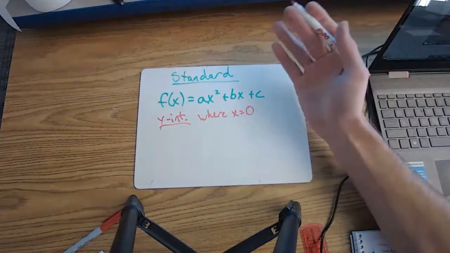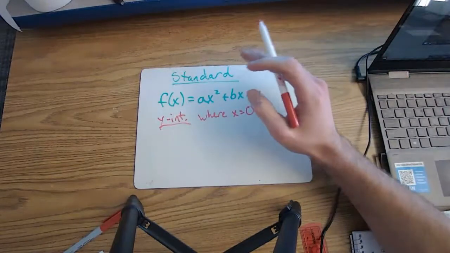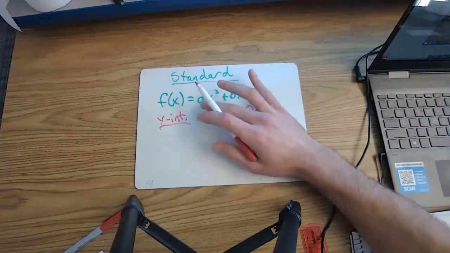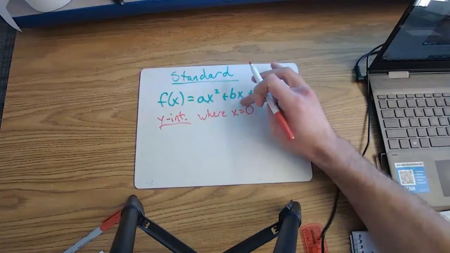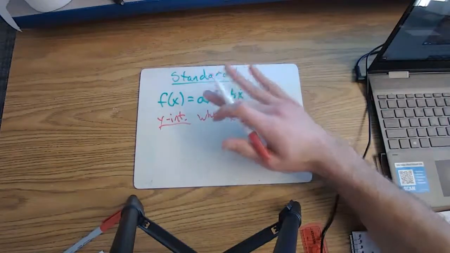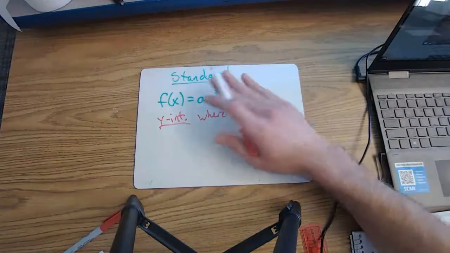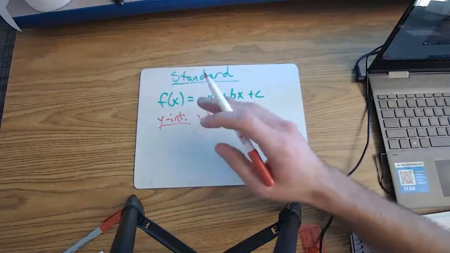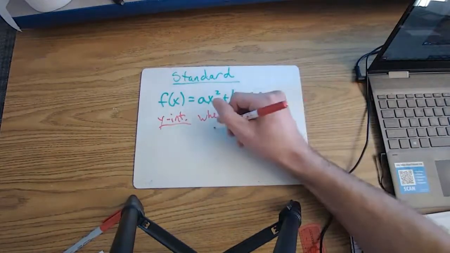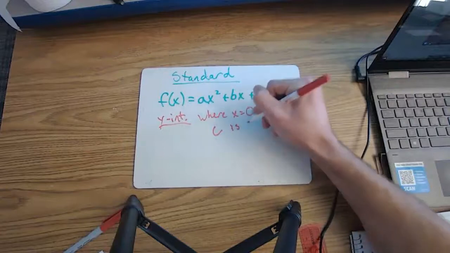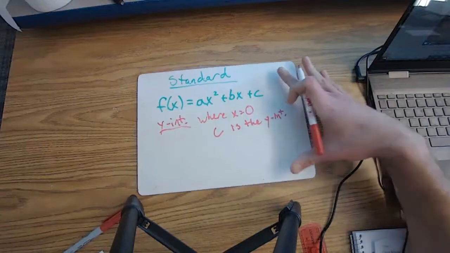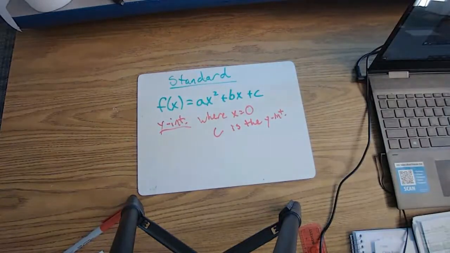And if x equals 0, a times x squared becomes 0, b times x becomes 0, everything becomes 0 except for c. So since the y-intercept occurs where x equals 0, c is the y-intercept.